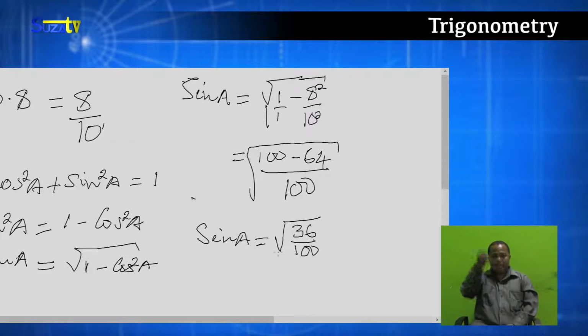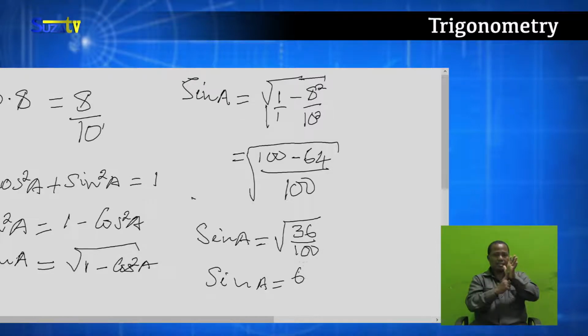And you all remember that 36 is the square of 6 and 100 is the square of 10. So sine of angle A is equal to the square root of 36, that is 6, over the square root of 100, that is 10.